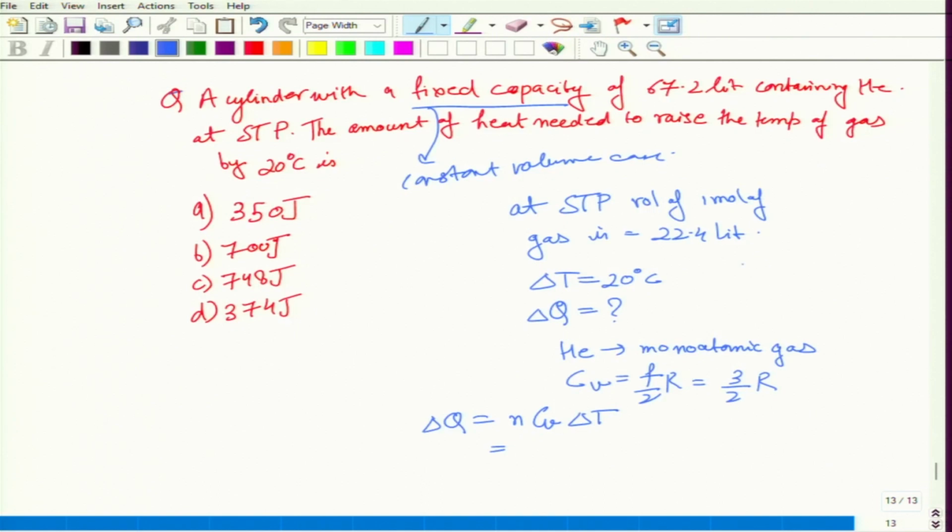Moles is 67.2 liter divided by 22.4, and this comes out to be 3.